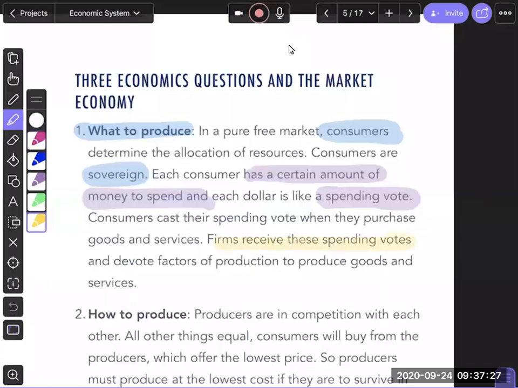Firms receive these spending votes, or this increase in demand, and they devote more resources or factors of production to produce these goods and services. So in a way, consumers' demand automatically translates into a higher price.